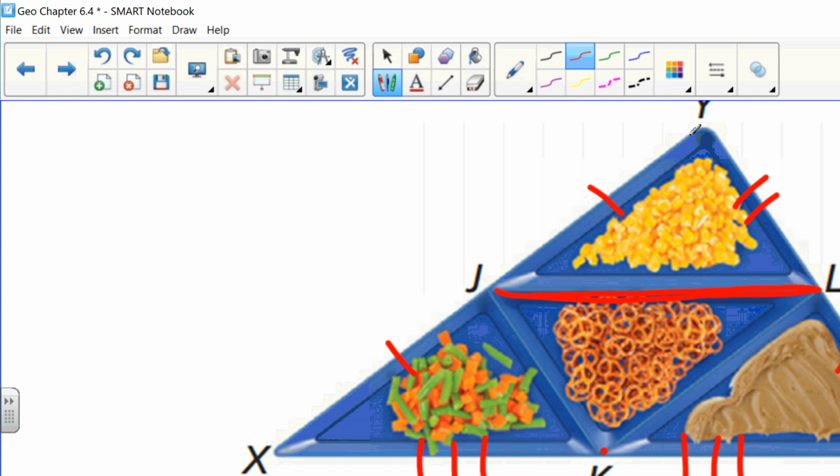Half of the third side. Well, what's the third side to JL? It would be XZ. How do you tell us the third side? I'm confused.